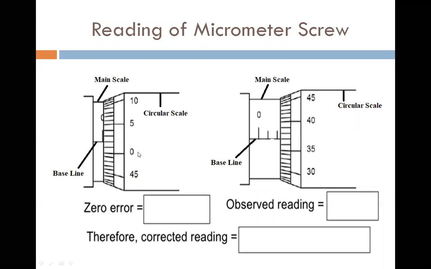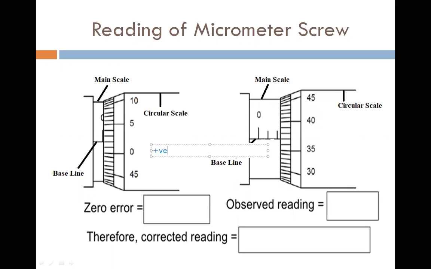Okay, sorry. What is the error? You must be knowing, if the zero of the circular scale is below the baseline, it is called a positive error. So first of all, the error is positive.